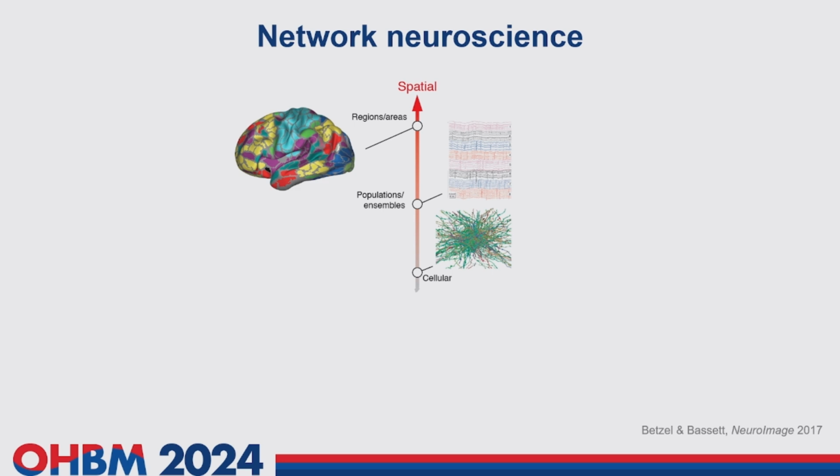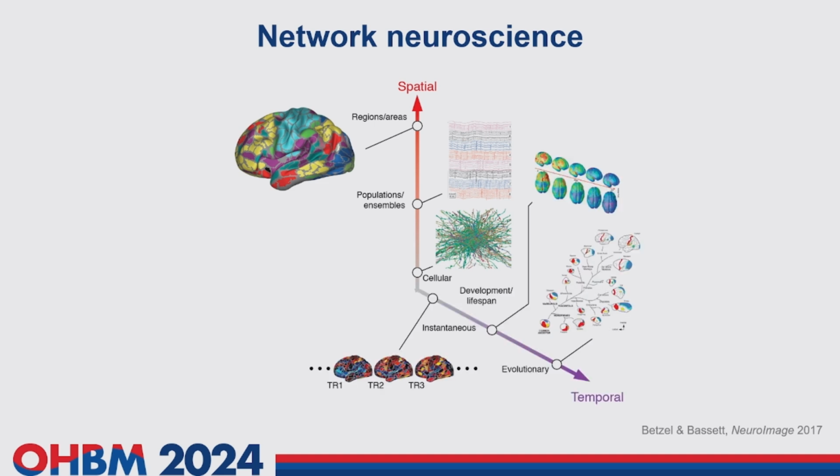So I'm going to introduce network neuroscience briefly using this very nice diagram by Rick Betzel and Danny Bassett, and really to showcase the dimensions and scales that these tools apply to. So we can use these approaches to study organization of neural systems across a range of spatial scales, from individual cells to whole brains.